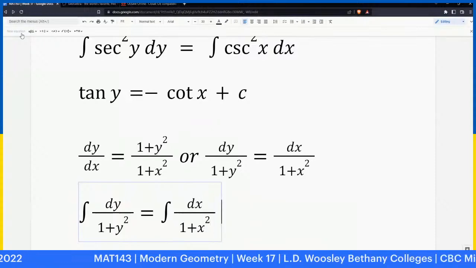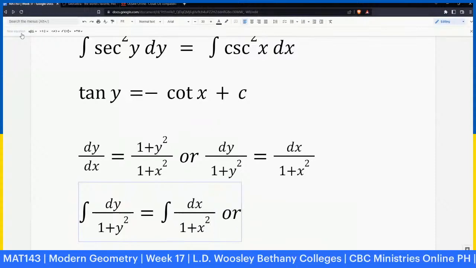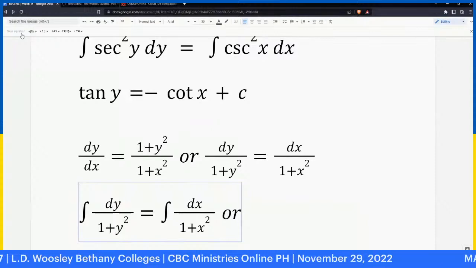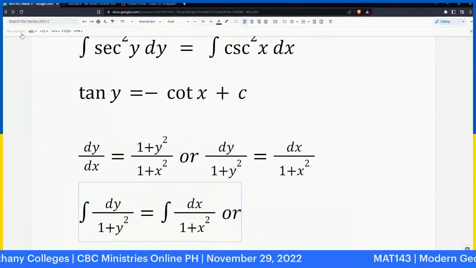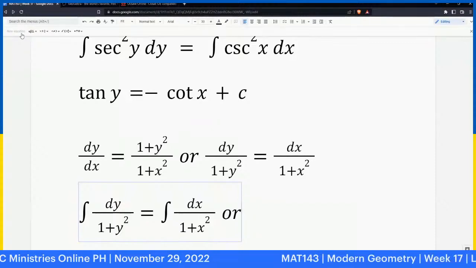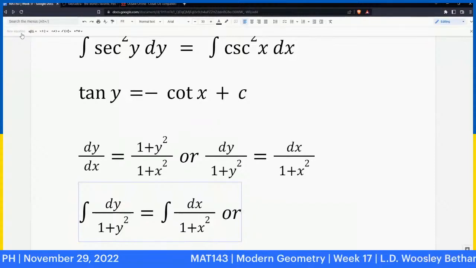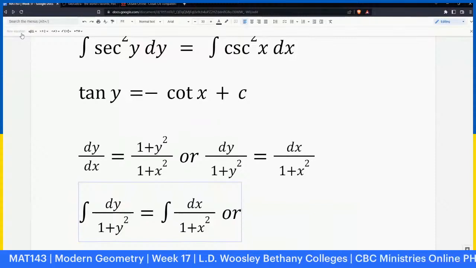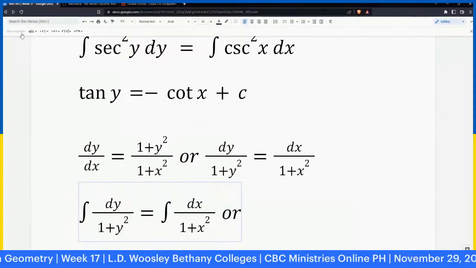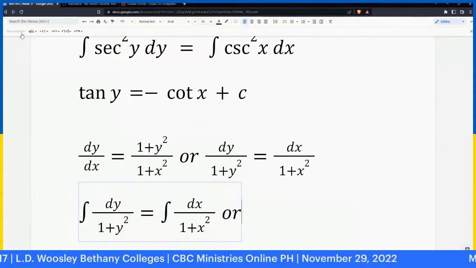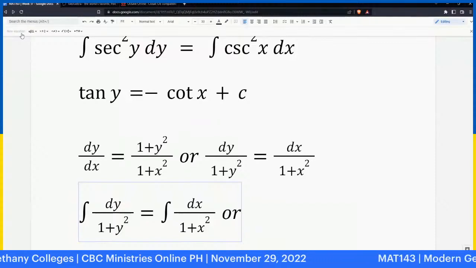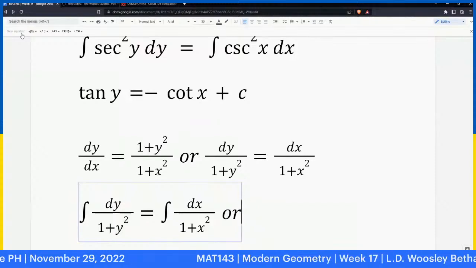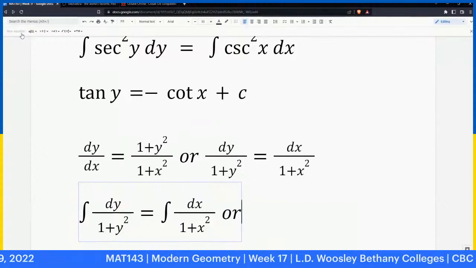Okay, if you will recall your arc tangent, seemingly, that's an arc tangent. Derivative of arc tangent x is equal to 1 over 1 plus x squared. Therefore, the integral of 1 over 1 plus x squared is arc tangent of x.